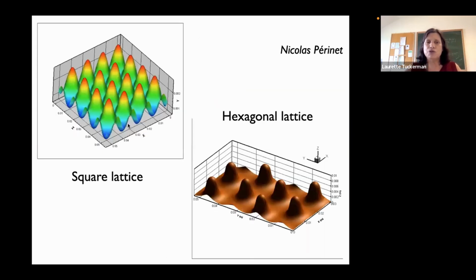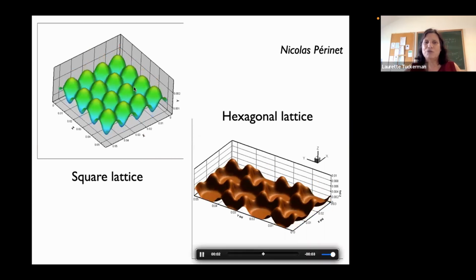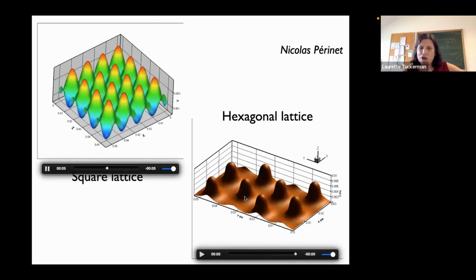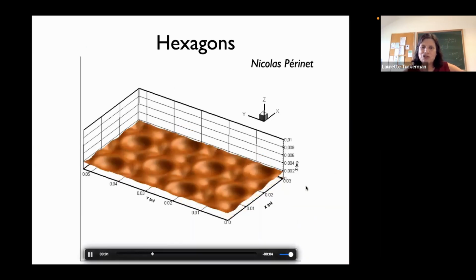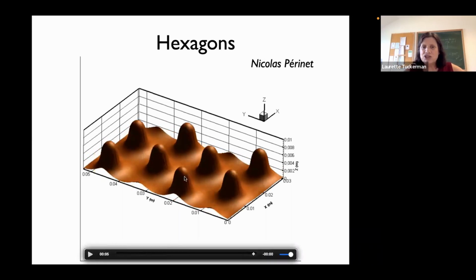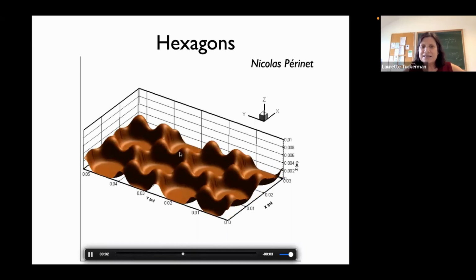So here I'm just going to show you a picture from the same, the same that I showed you before. This is the square pattern and this hexagonal pattern. So this is rainbow and this is chocolate. So here's the chocolate, this is the hexagonal pattern. And you see how the hills are not so clear, but if you look, you see 6 things about a center.